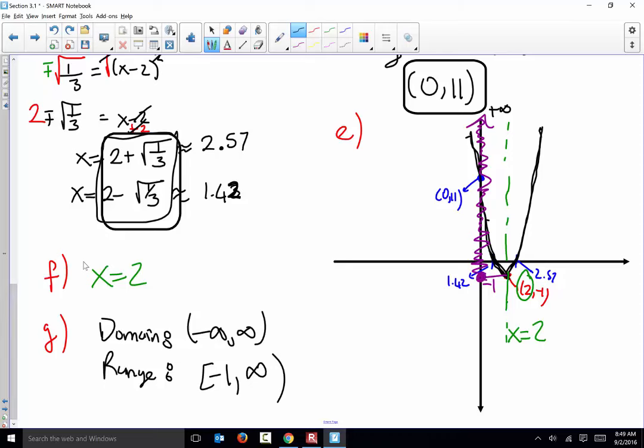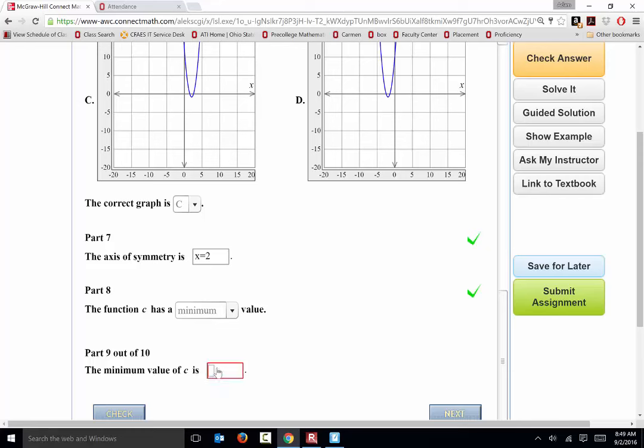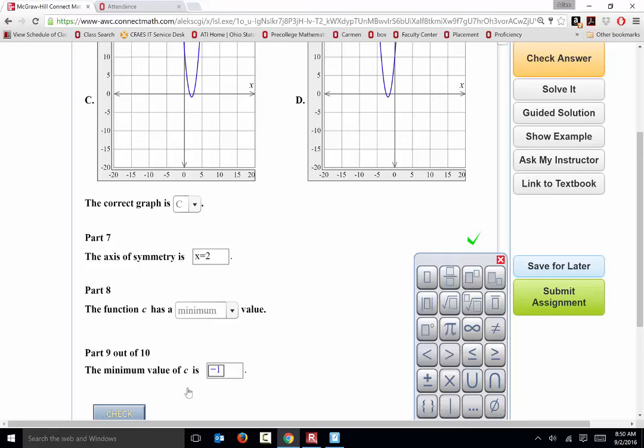This is H. G, does it have a minimum or maximum? Which is, yeah, this y value of the vertex. The y value of the vertex is the minimum all the time. Has a minimum. I think it's going to ask what it is. Yep, -1.